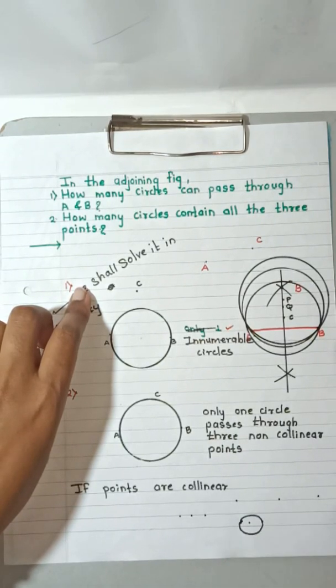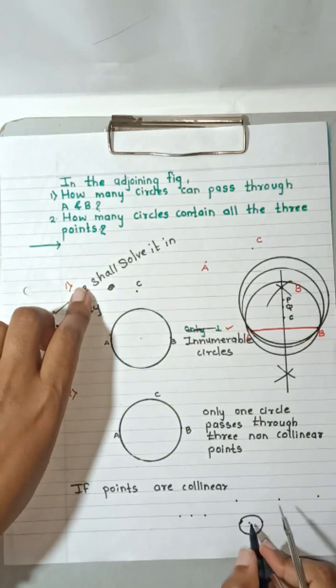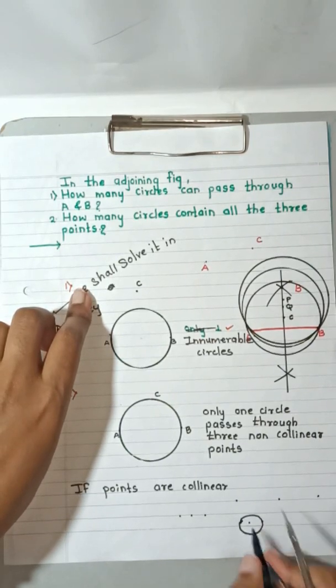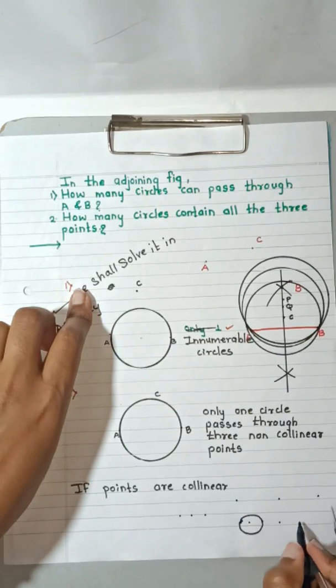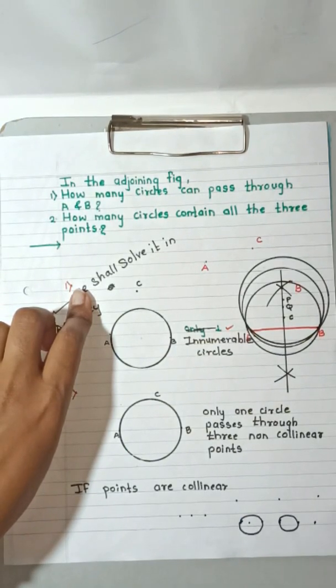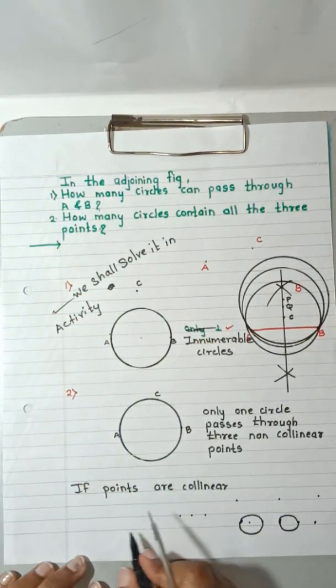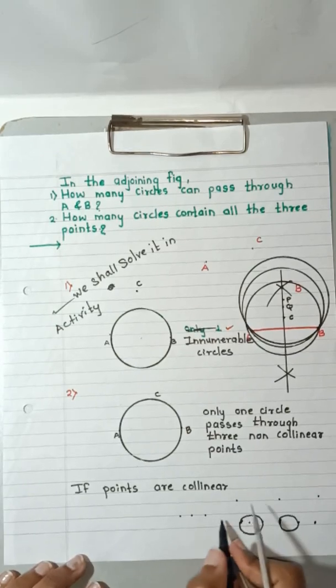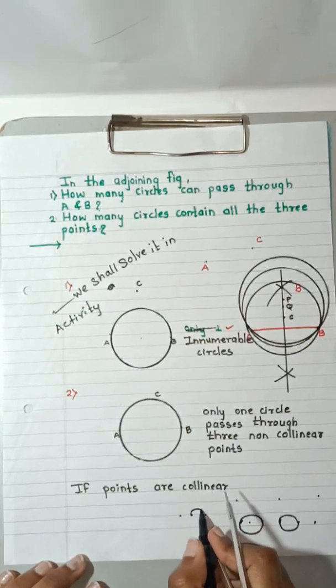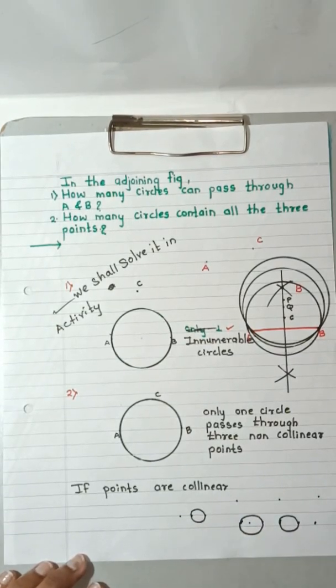Only 2 points will come on the circle, and the third one will be left. Or you can draw one circle for collinear points 1, 2 and 3, and one point will be left as it is.